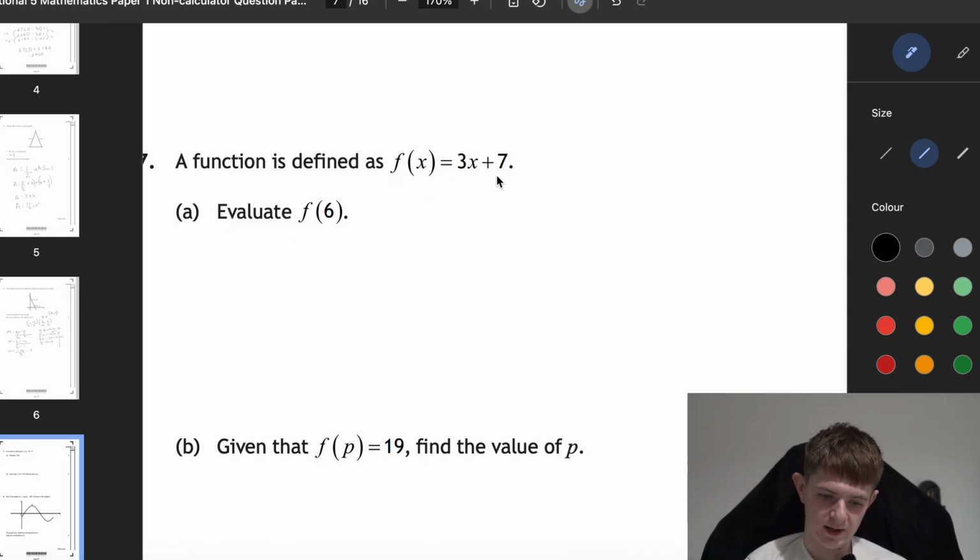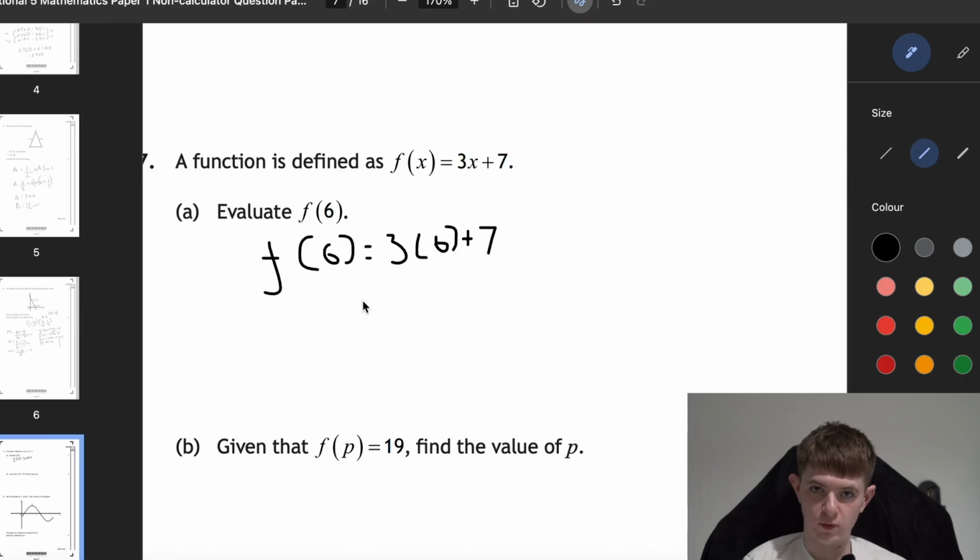So f(6) equals 3 bracket 6, we're getting rid of the x, add 7. Now we work our way through, so we've got 3 times 6, 18, add 7, that's going to get you 25. So that's our first answer.